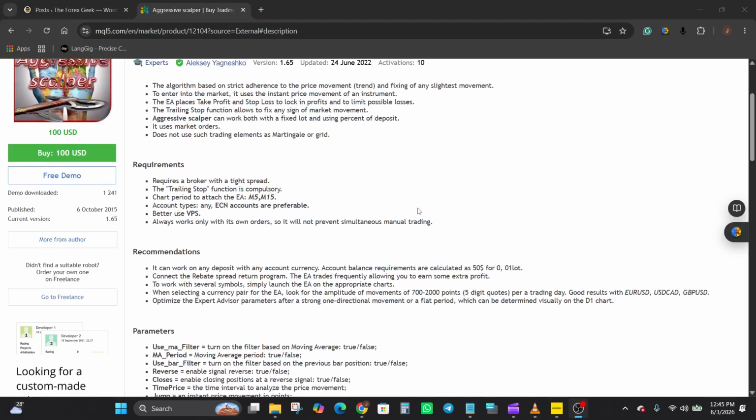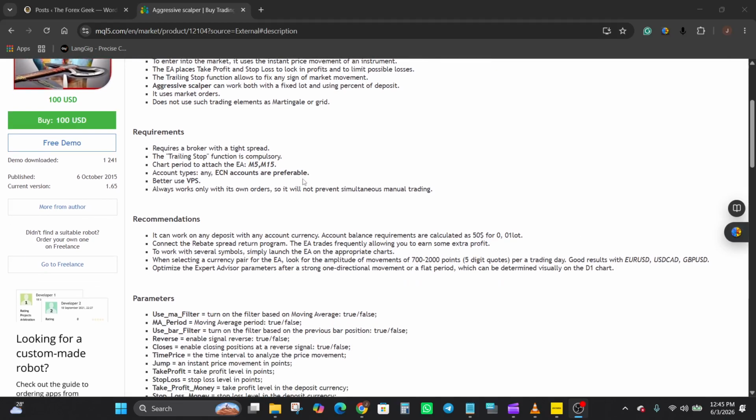Now, one important detail here is the flexibility in position sizing. The EA can work with a fixed lot size, or it can calculate trade volume based on a percentage of the deposit. That gives some control over how aggressively the account is exposed to market movement.